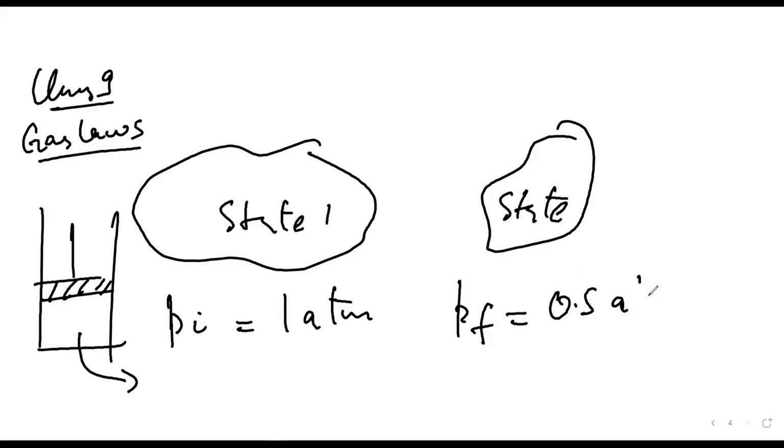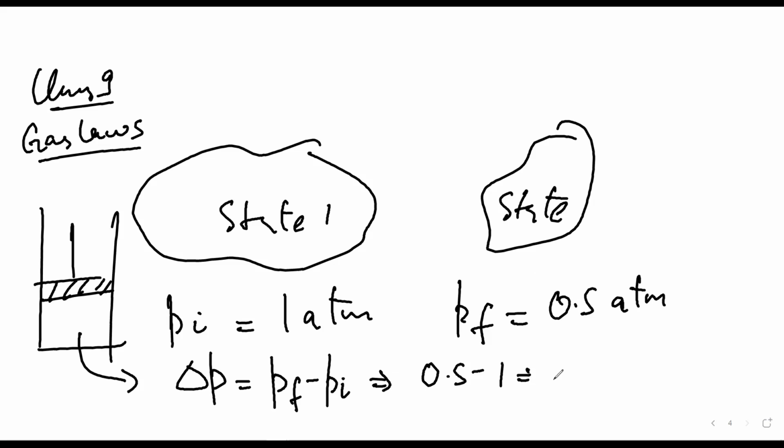So the change in pressure is final minus initial. So it is 0.5 minus 1, which is equal to minus 0.5 atmosphere. Have you understood? The change is always final minus initial, always, in physics or in chemistry.